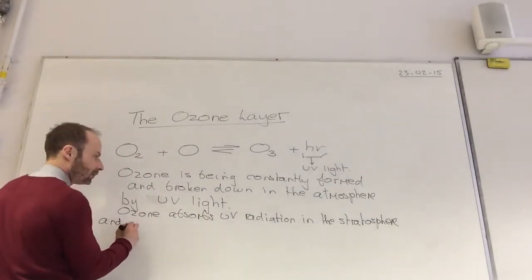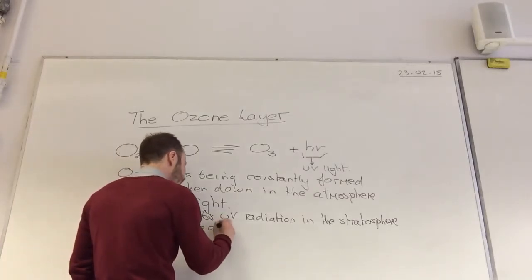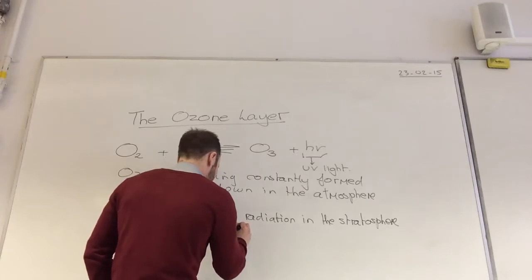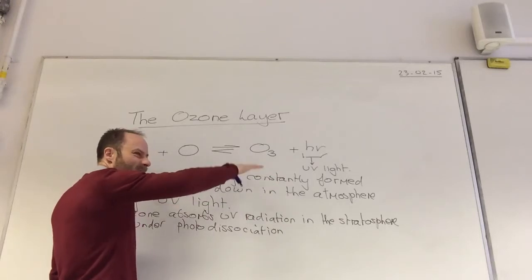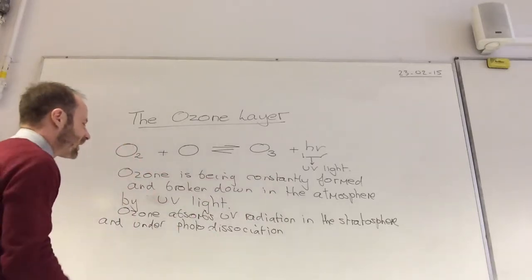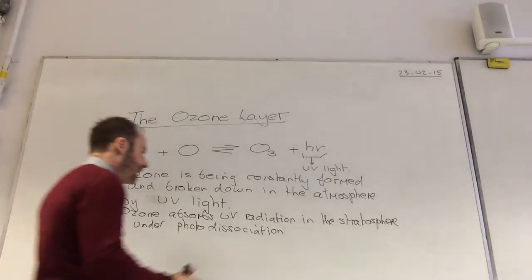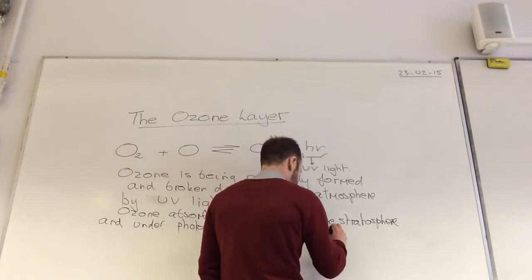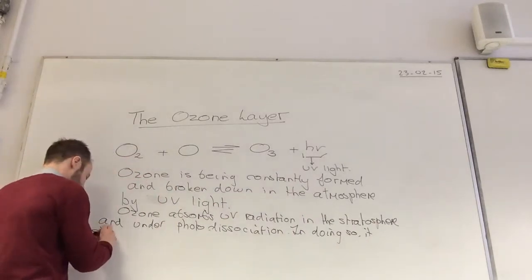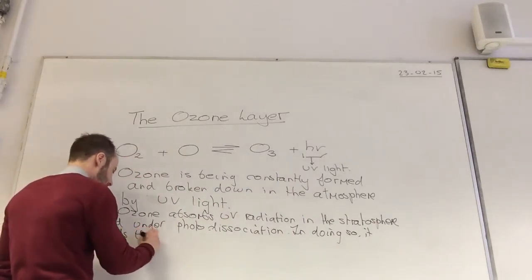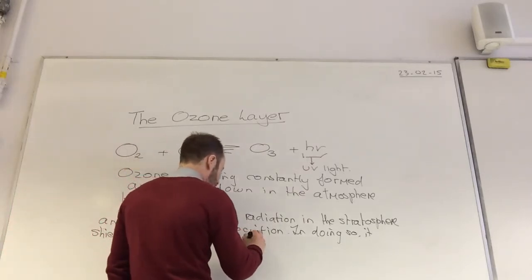And undergoes photo dissociation. Photo kind of means light, dissociation means it breaks up, so it's photo dissociation. The action of light breaks my molecule up. In doing so, it shields the Earth from ultraviolet radiation.